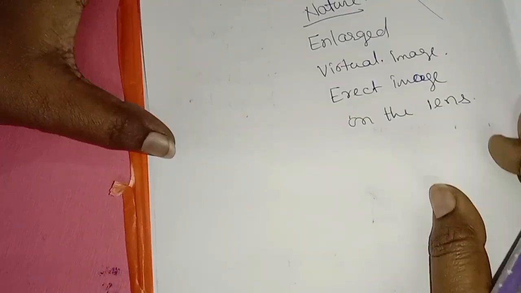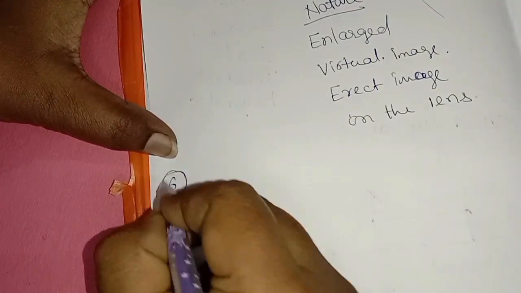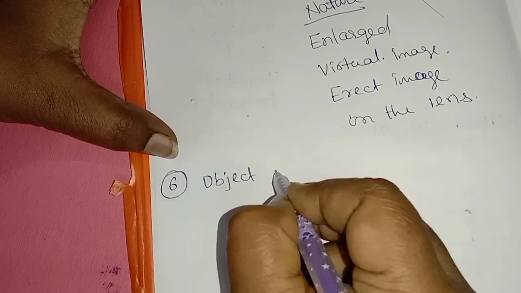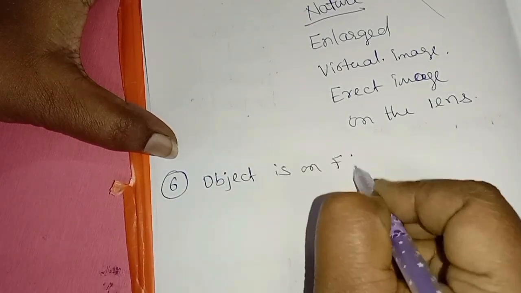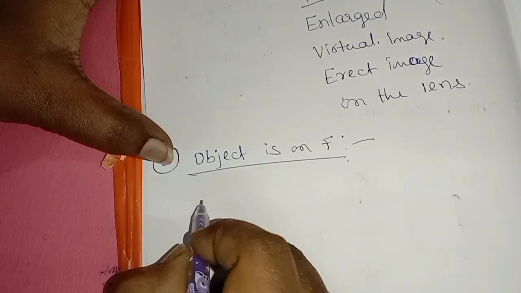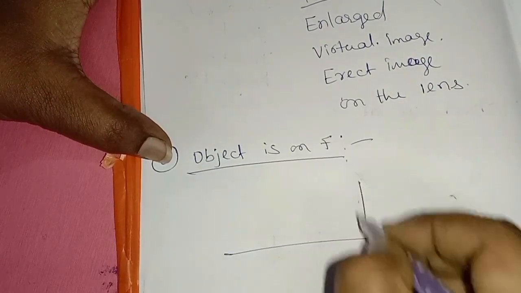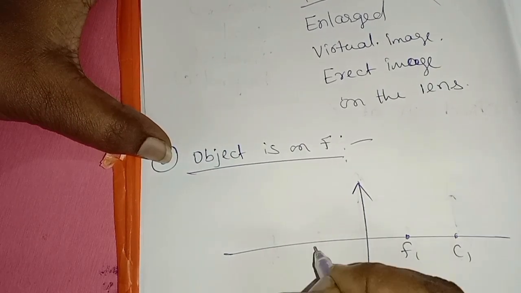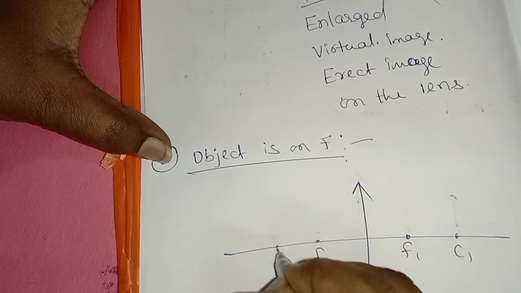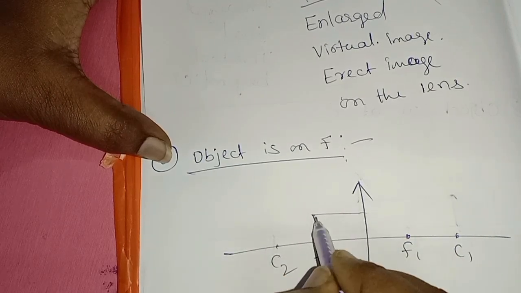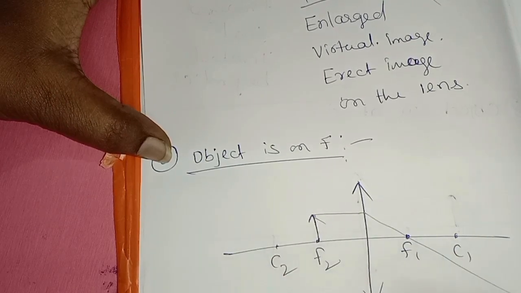Next one, we forgot one case, the last, sixth one. The object is on F. When the object is on F, draw a convex lens, F1, C1, F2, C2. The object is on F. Any light ray passing parallel to the principal axis refracts through focus.